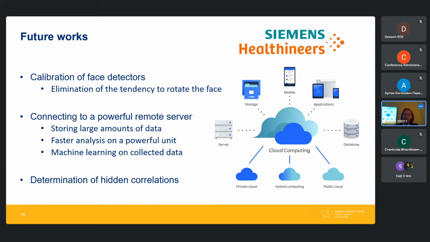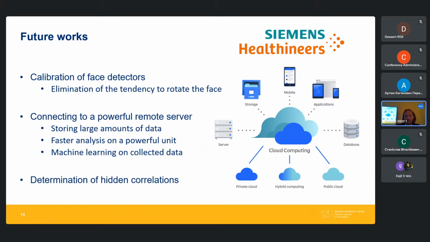Future work includes calibration of face detectors by eliminating the tendency to rotate the face or another point of view capturing the face, connecting to a powerful remote server, and a storing layer which can give us a storing ledger of large amounts of data, faster analysis, maybe real-time analysis, or machine learning computing on collected data.